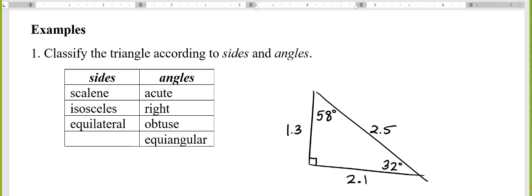Classify the triangle according to its sides and angles. Okay, let's do sides first. This side is 1.3, 2.5, and 2.1. Are any of those numbers the same?